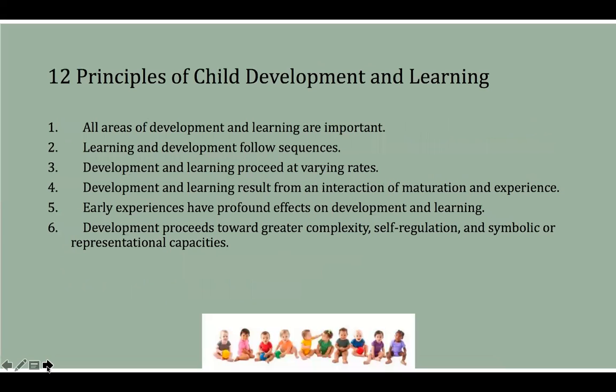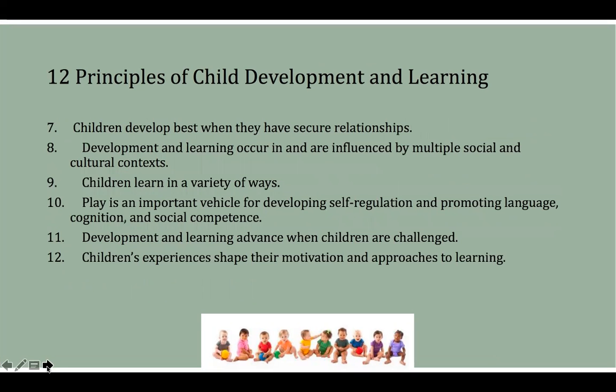All right, so there are 12 principles of child development and learning that NAEYC lays out. And they emphasize the high quality teaching and learning experience for children from birth through age 8. A developmentally appropriate program uses strength-based, play-based approaches to joyfully engage in learning.